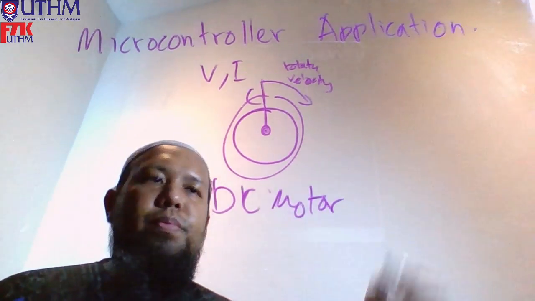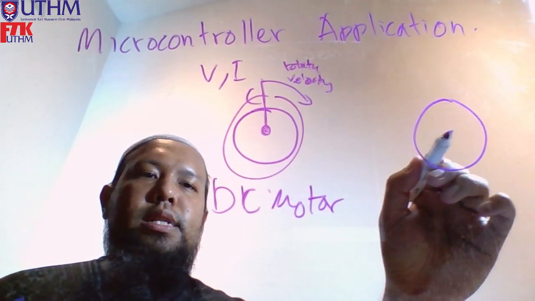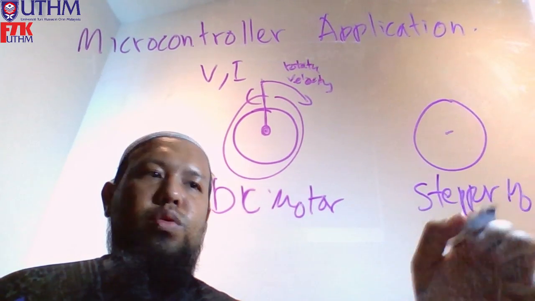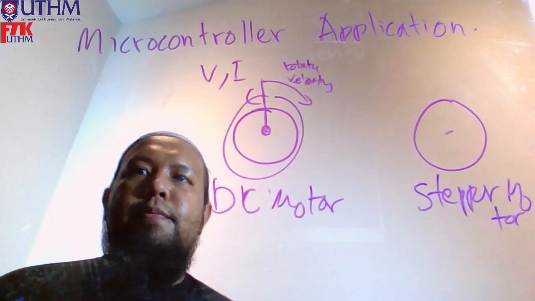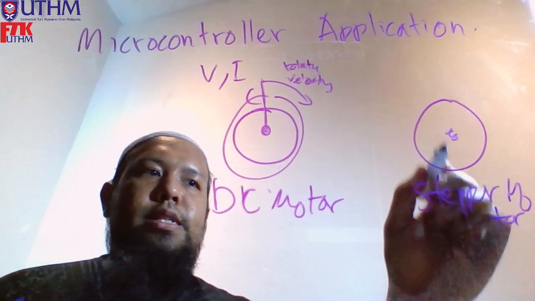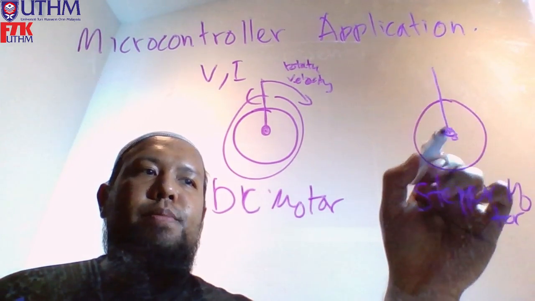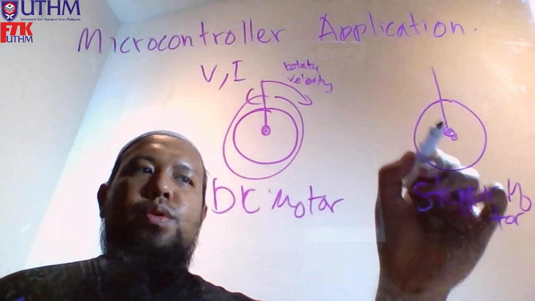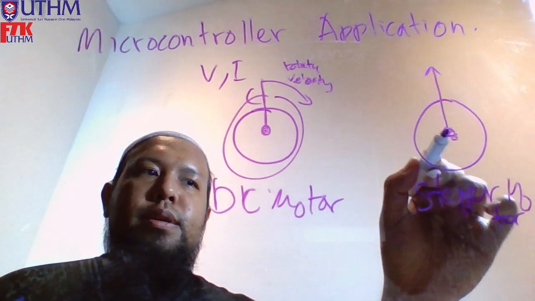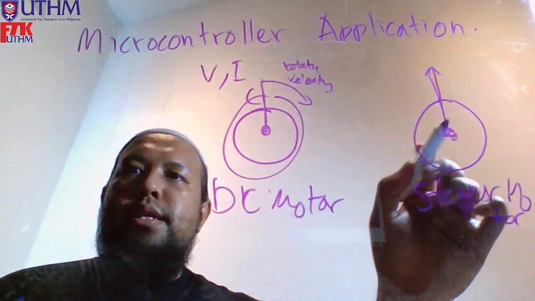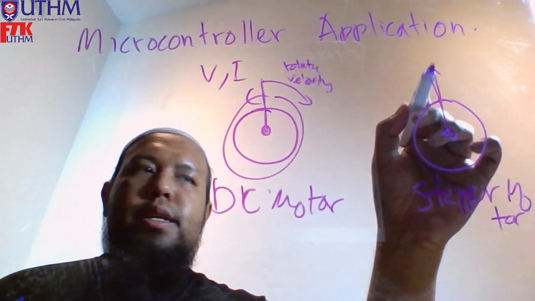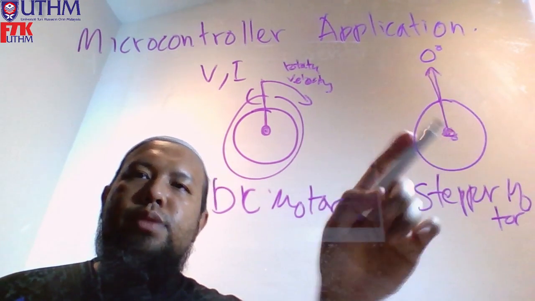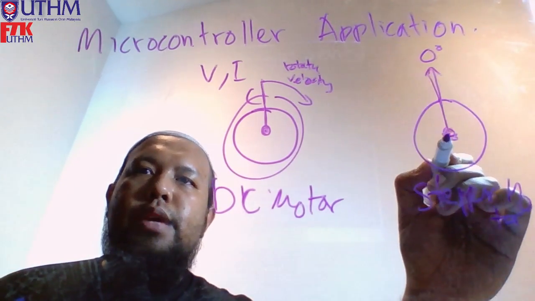right? As compared to another one, what they call a stepper motor. Right? With a stepper motor, the difference is that instead of the pole head turning at a certain speed, we can control the position of the pole. Okay, for example, at first here it is 0 degrees. Let's say we want to turn it into some position, say 45 degrees.